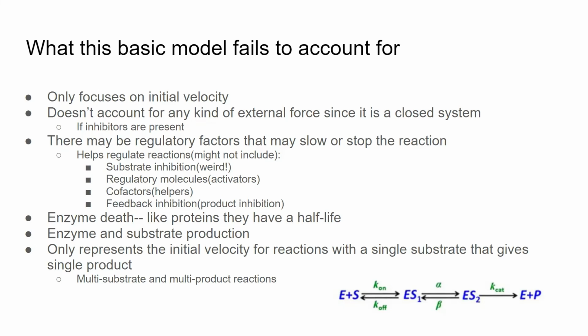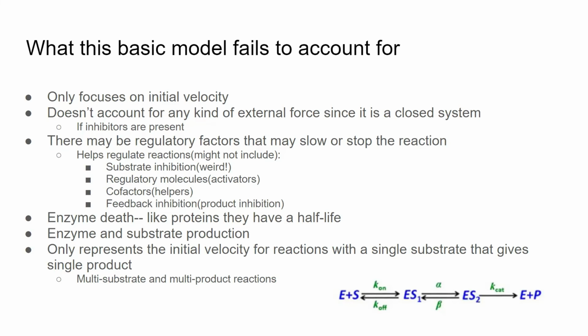Furthermore, a very important assumption in this model we also made is that we are working in a closed system, and therefore we aren't accounting for the presence of inhibitors or molecules that may hinder the reaction or promote it. We are also not accounting for the production of new enzymes and substrates by the cell, or even death of enzymes, since they have a short lifespan. Though this is a more long-term thing, so since we're only working with initial velocity, it's not really that relevant.